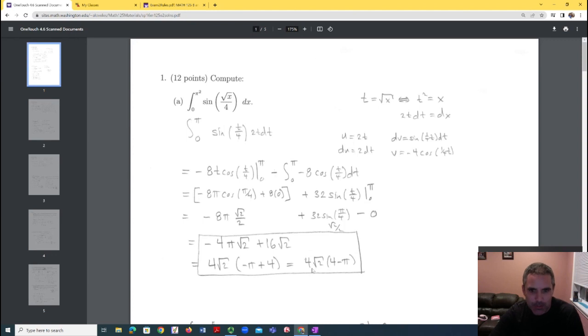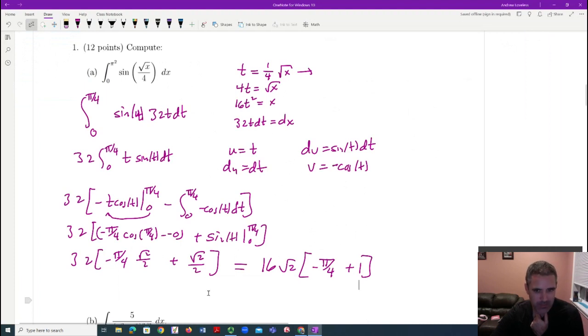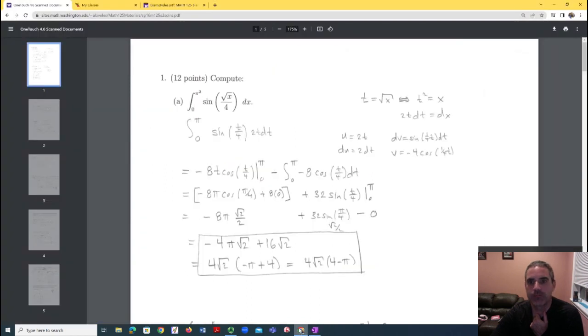But let's see if this is equivalent to my answer. So I have 4 root 2, 4 minus pi. Is that equivalent? If I multiply through, I get 4, then it would be a plus 4 if I factored out a 1/4. And let's look back at my answer. Okay, I think that's equivalent.